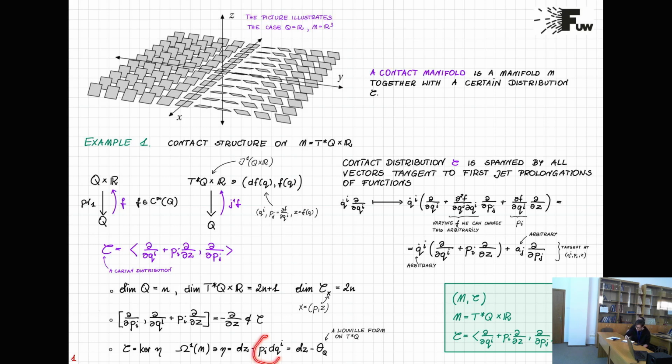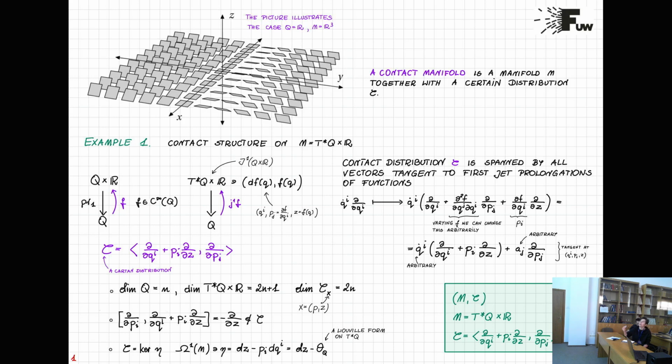The component we have here, you can recognize as also a canonical object defined geometrically. It is written here in coordinates, but it has geometric meaning and it is a Liouville form on the cotangent bundle.